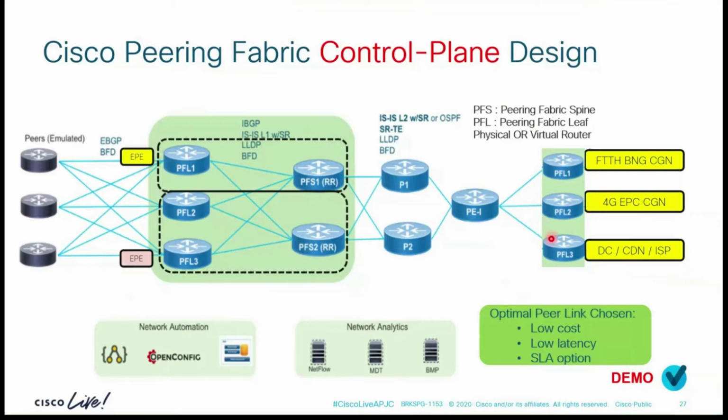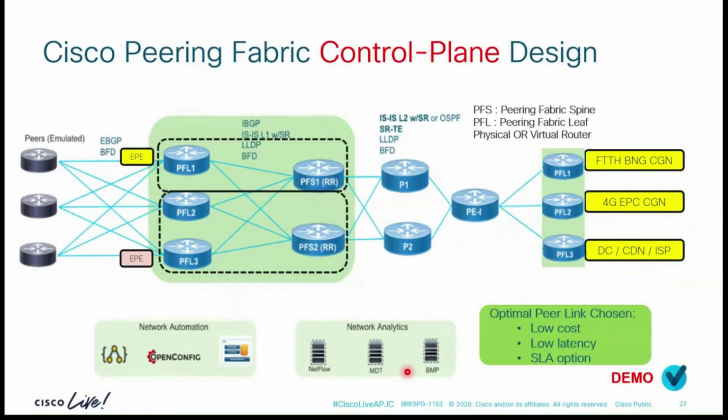And for the subscriber gateway or the customer service gateway, we will act as a PFL that later also connects to our peering fabric with ISIS or OSPF with segment routing. And we also have another network automation software solution and analytics layer.